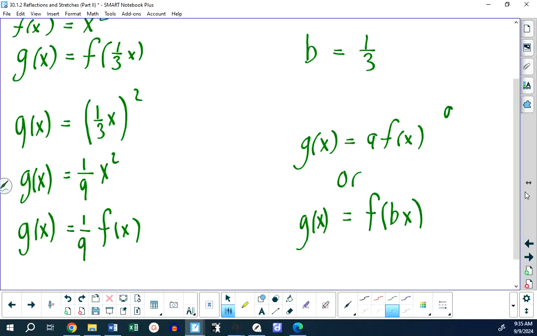And here, a would have a value of 1/9, and here b would have a value of 3, but the result would be the same. If I take 1/9 times x squared, I get 1/9 x squared, which is the same as f of 1/3 x. In this case, a horizontal stretch by a factor of 3 results in the same thing as a vertical stretch by a factor of 1/9.